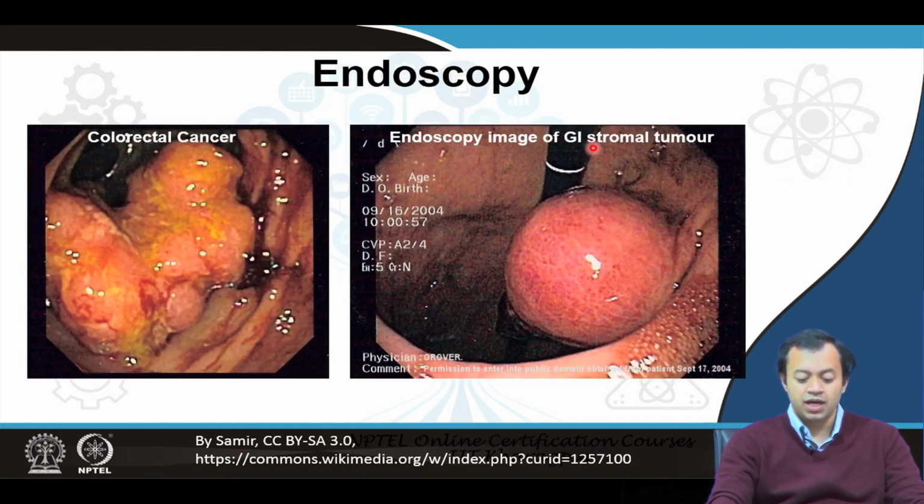But we do endoscopy to see these different images. This person is looking at a stromal tumor. This tumor is at the gastrointestinal tract, kind of a stomach tumor type thing, not necessarily stomach, it can be the entire gastrointestinal tract. And this is colorectal cancer. All these tumors, you can now visualize with the help of light.